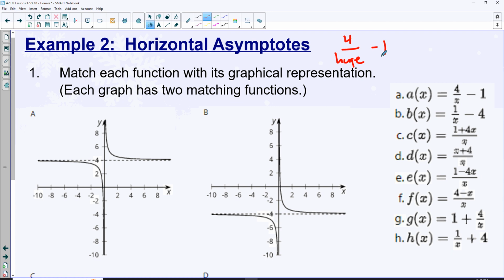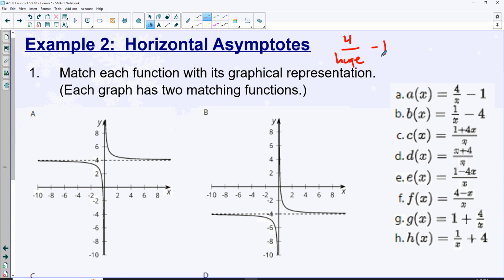So here's the thing about determining horizontal asymptotes. Horizontal asymptotes appear when you attempt to plug hugely positive or hugely negative numbers in for x.